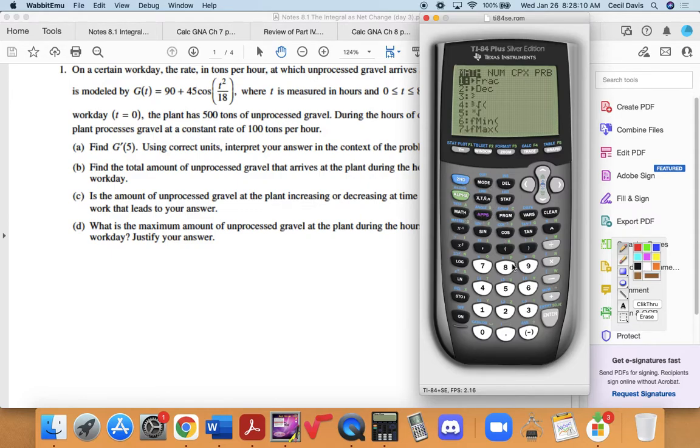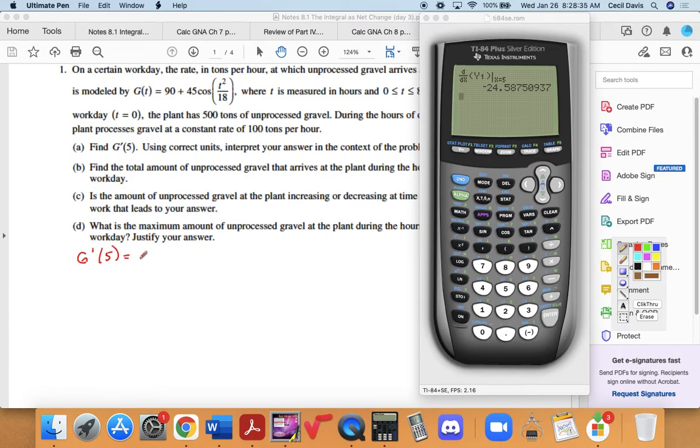So now I want to do the derivative with respect to x of y1 at 5. So g prime of 5 is going to be equal to negative 24.588.